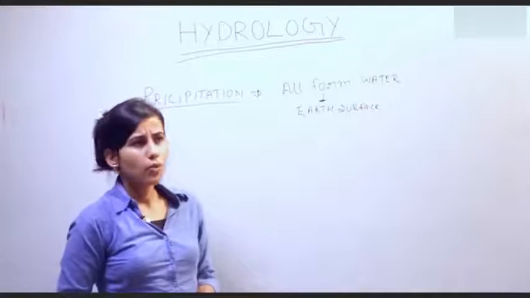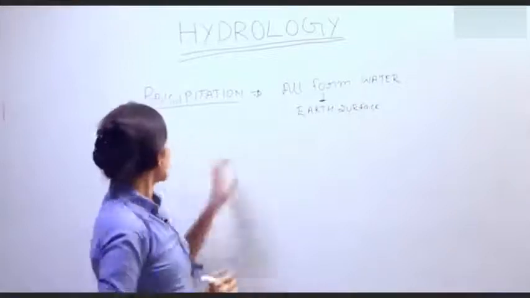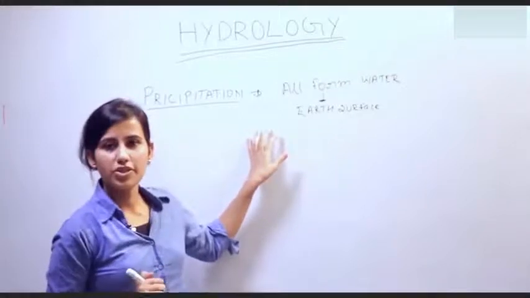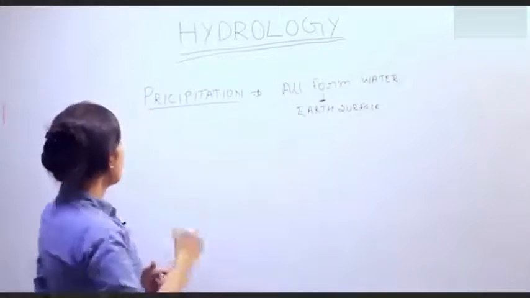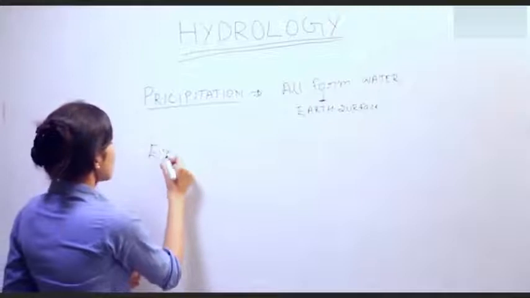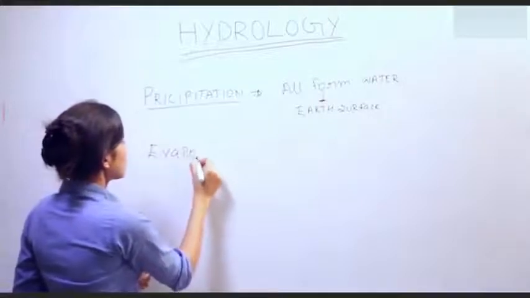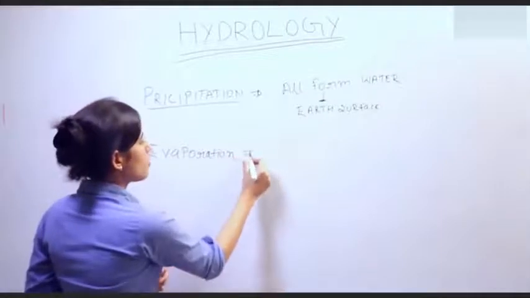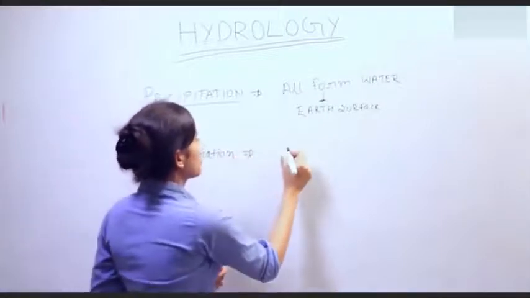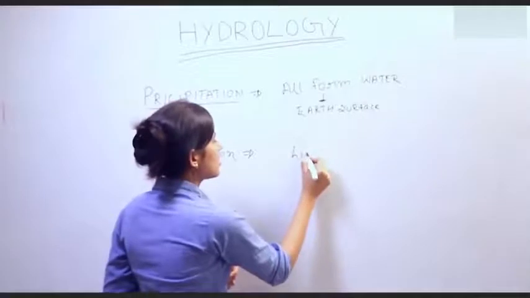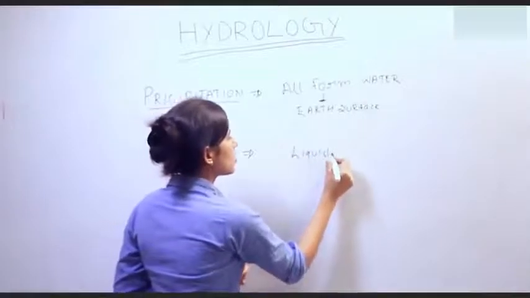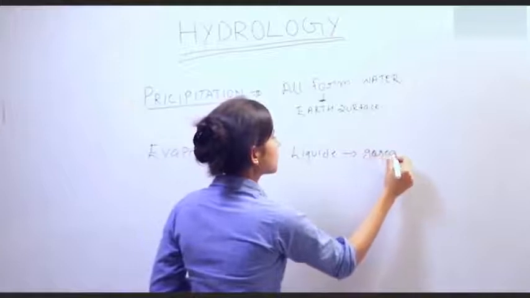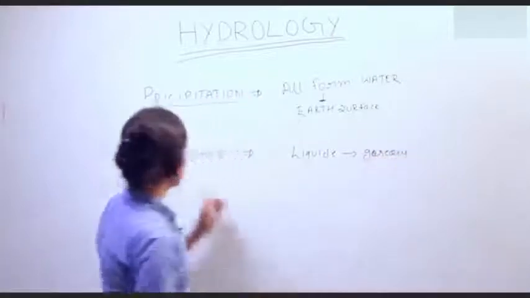That can be snow, rain, etc. We will have a look at precipitation in the next chapter, precipitation and its measurement. After that, we will talk about evaporation. Change of water particle from its liquid state to the gaseous state is evaporation.